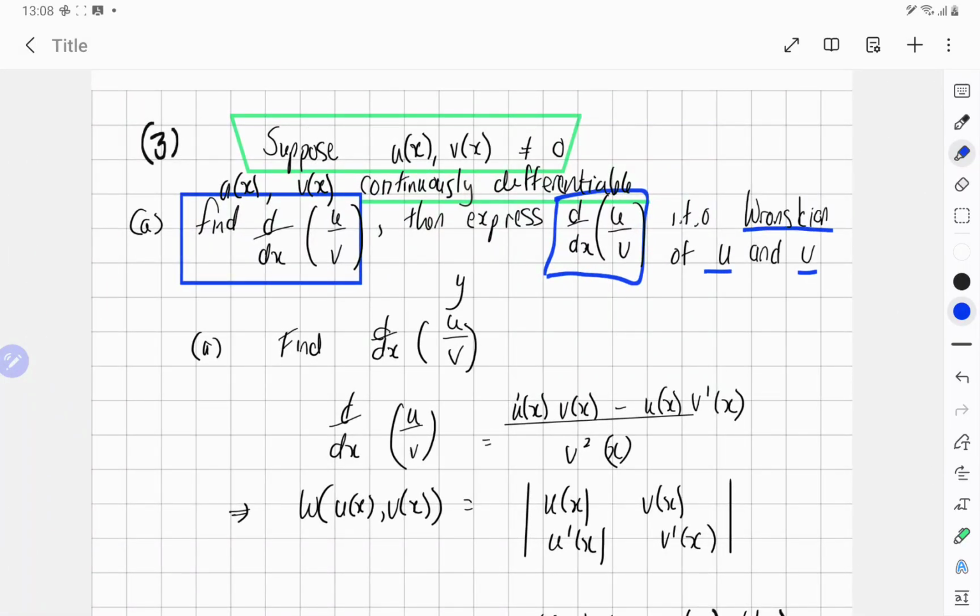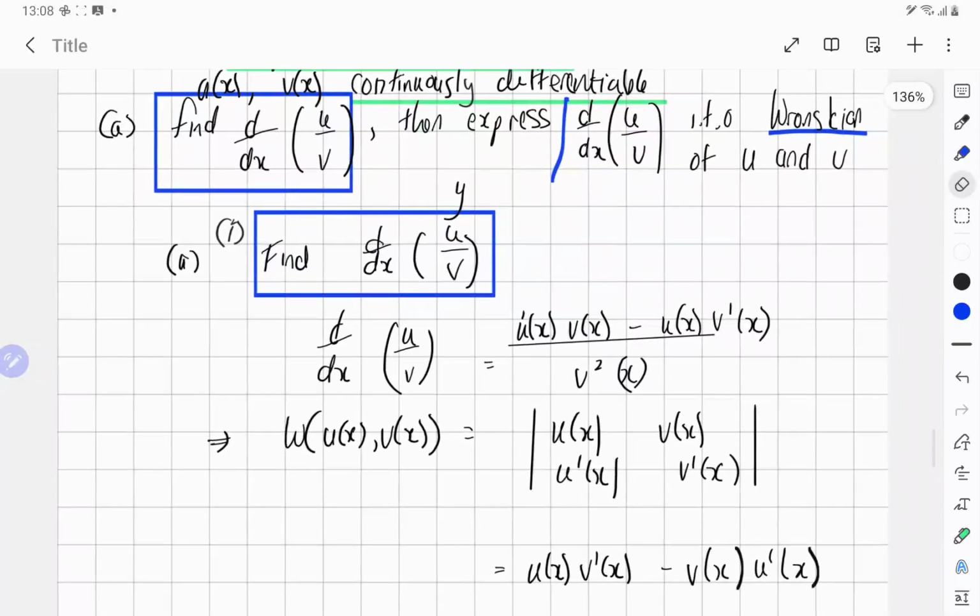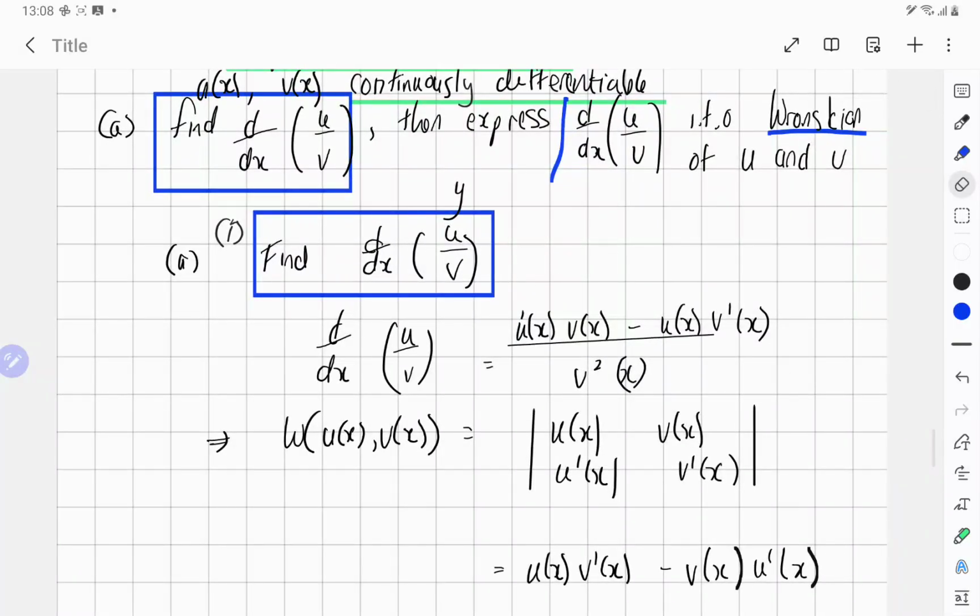So a bit of a different question. And remember what I always say, break down your question. So the first part of A is to find this derivative.